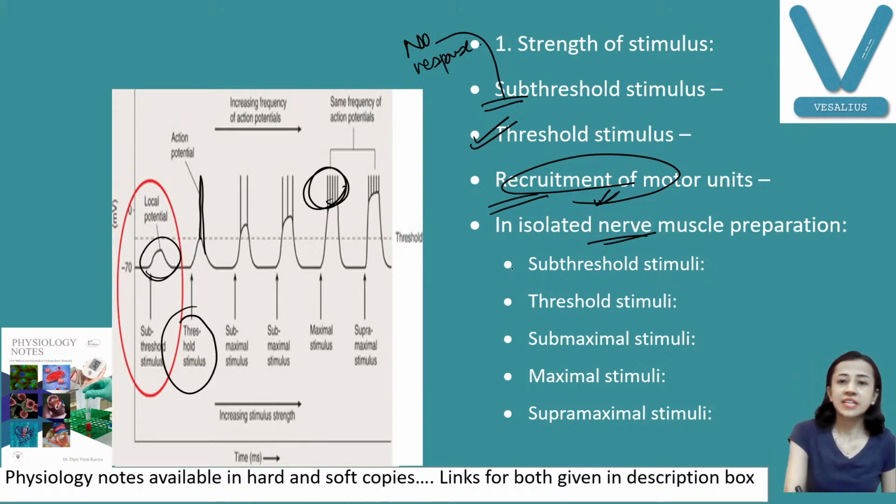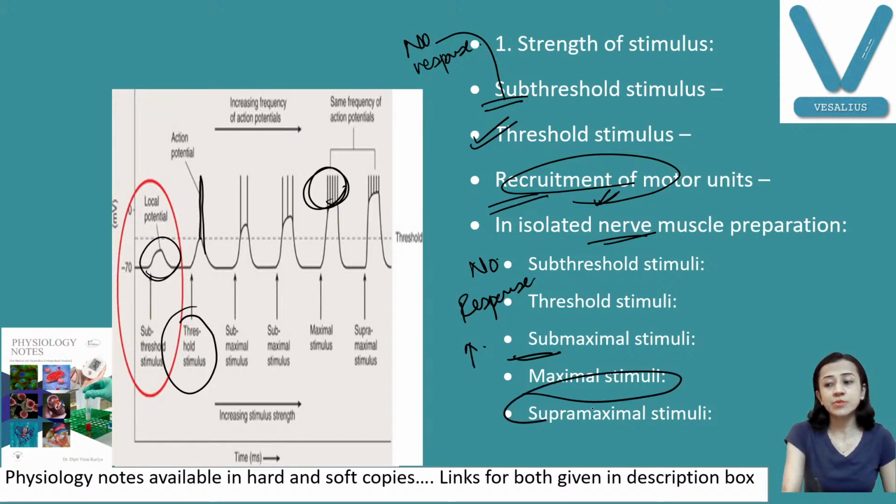Subthreshold stimulus that produces no response, threshold stimulus produces response, submaximal stimulus when less than maximal, gradually strength increases, response gradually increases. Maximal stimulus, very important thing, when the stimulus is maximum, the response produced is highest.